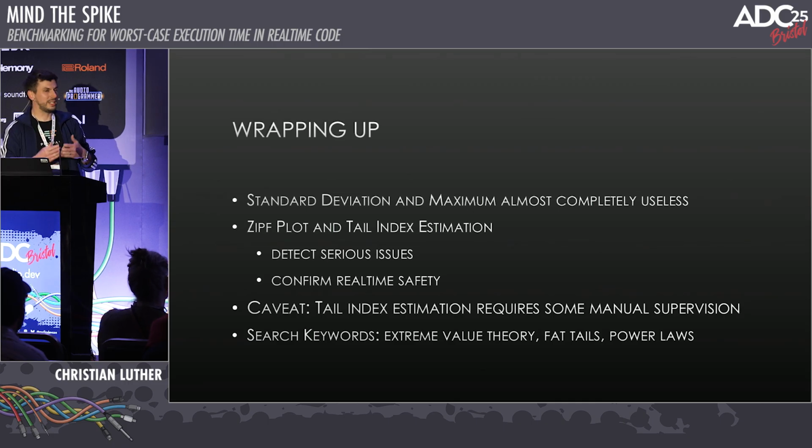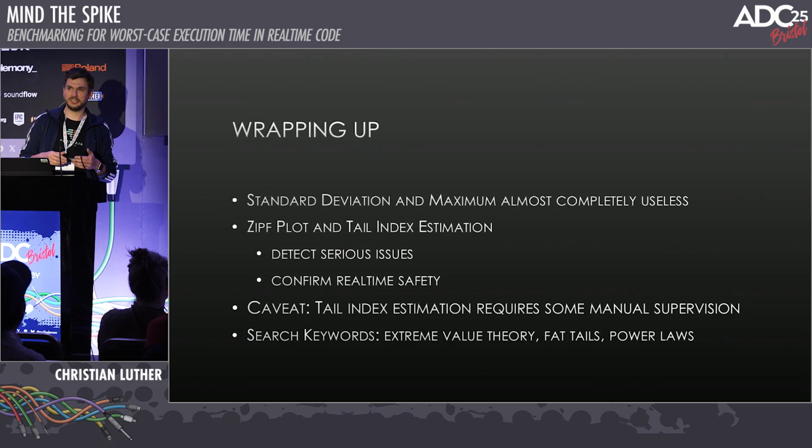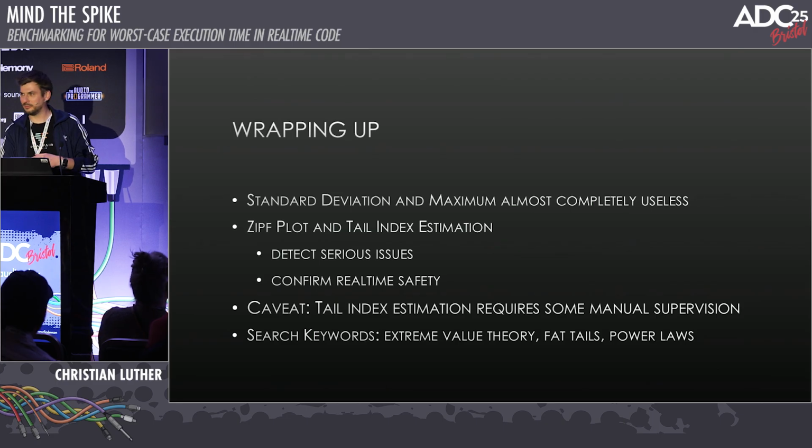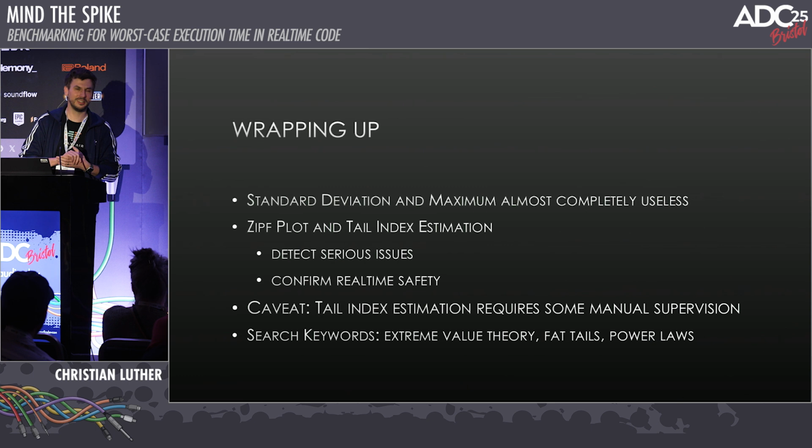And then we can detect if there's any serious issue. If the tail index is too low, we can see there's something really bad going on probably. And if it's really high, we can use that to go to sleep at night very well and be confident that this is really real-time safe and we won't get angry calls from customers.